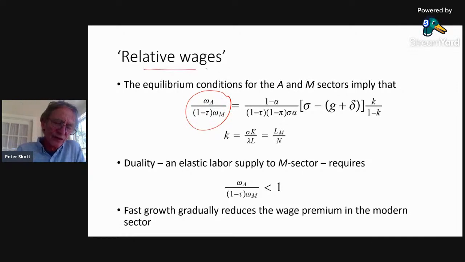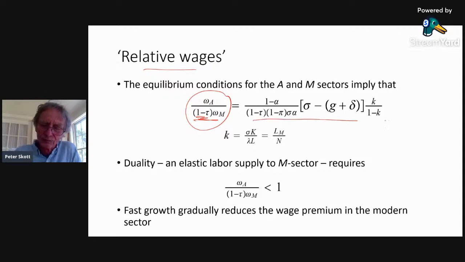I'll talk about relative wages. That's the shorthand for the formal wage relative to the informal sector, which may not be wages, but just average incomes. What is this ratio? Well, given that there are taxes in the formal sector, if I want disposable income, the real income that workers have left, I need to have omega A, omega M, but I need to, of course, adjust for the taxation of formal sector incomes.